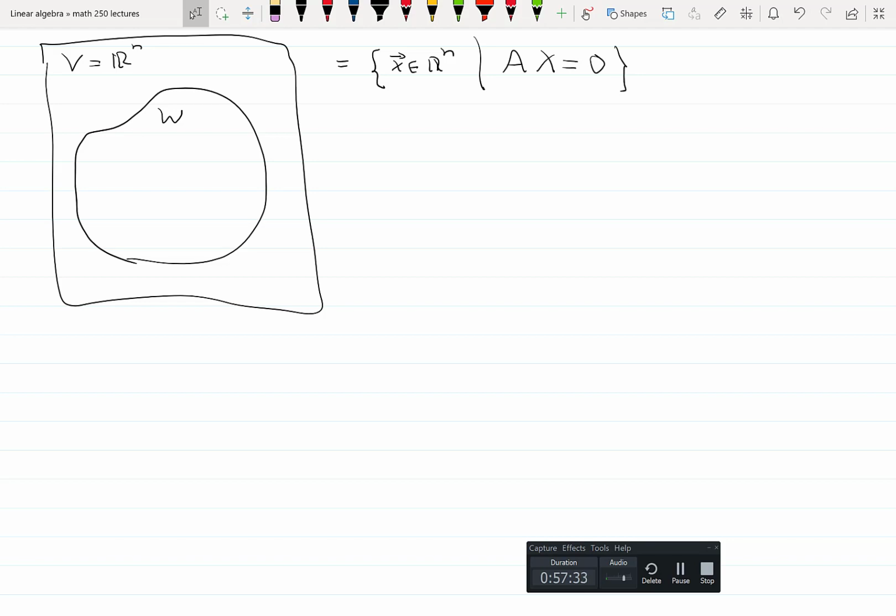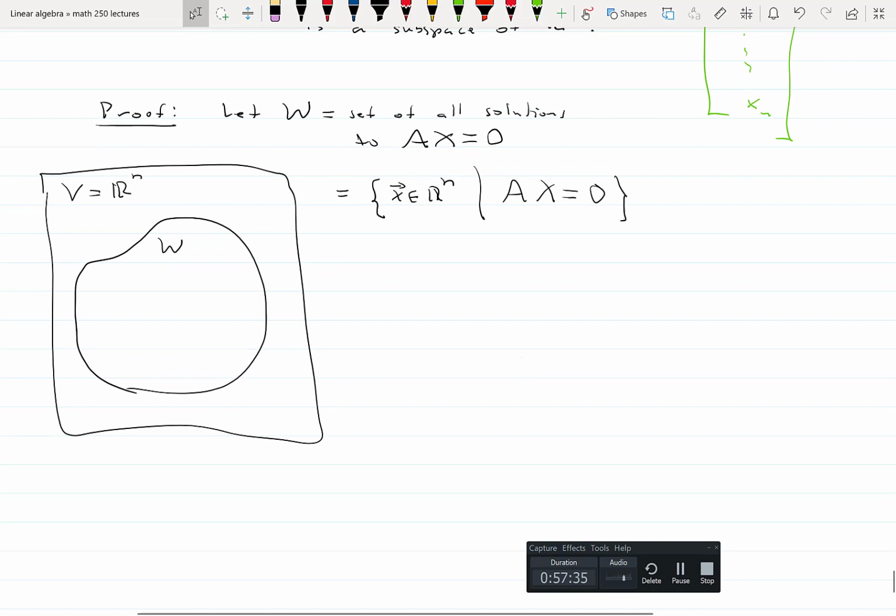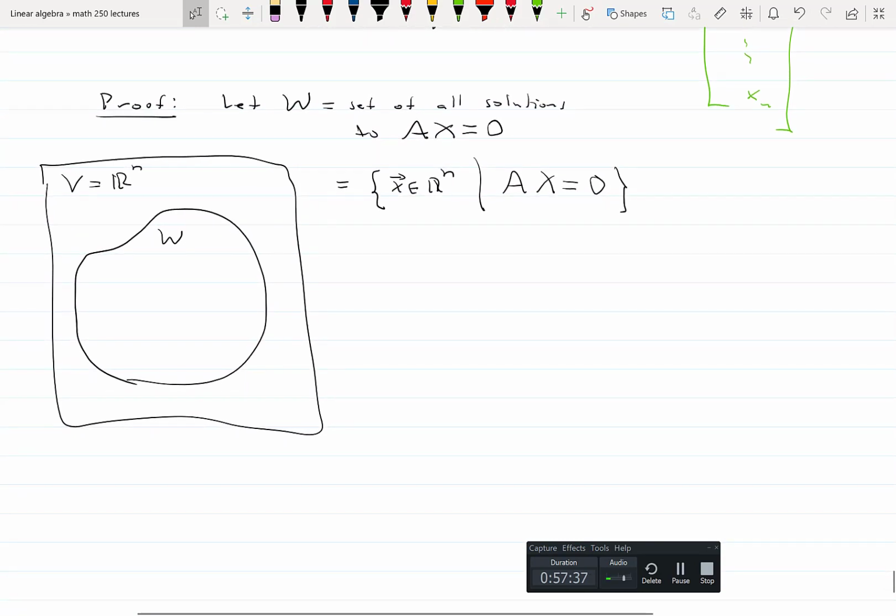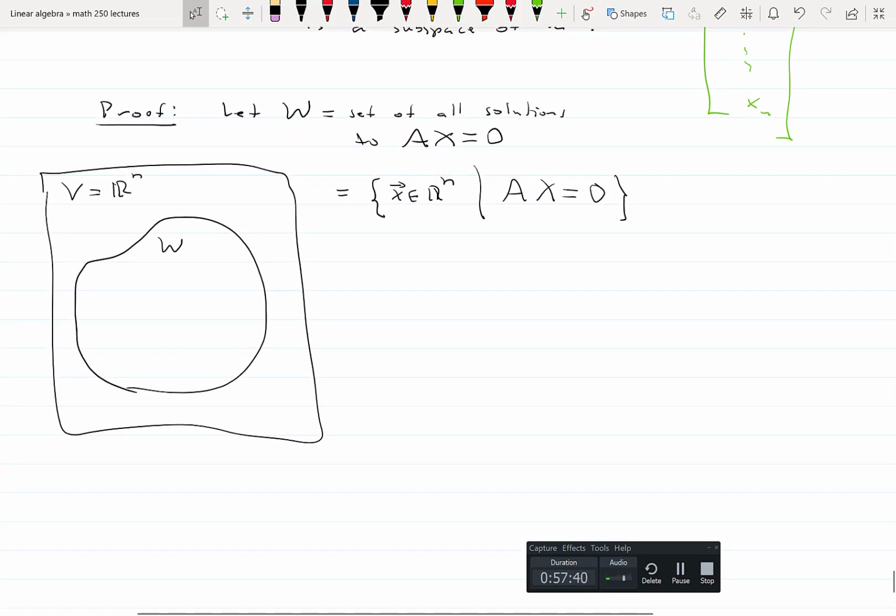Why is W not empty? Why is the set of all solutions to a homogeneous system not empty? You really need to think about that with me. I'll actually give you the whole answer, but I want you to think of it if you can.